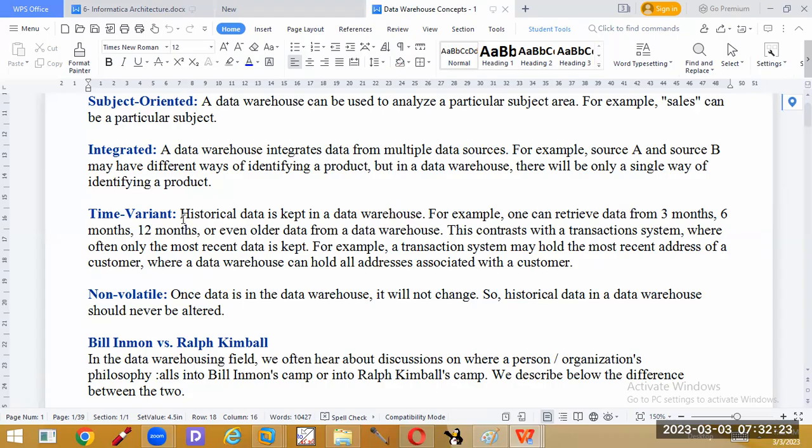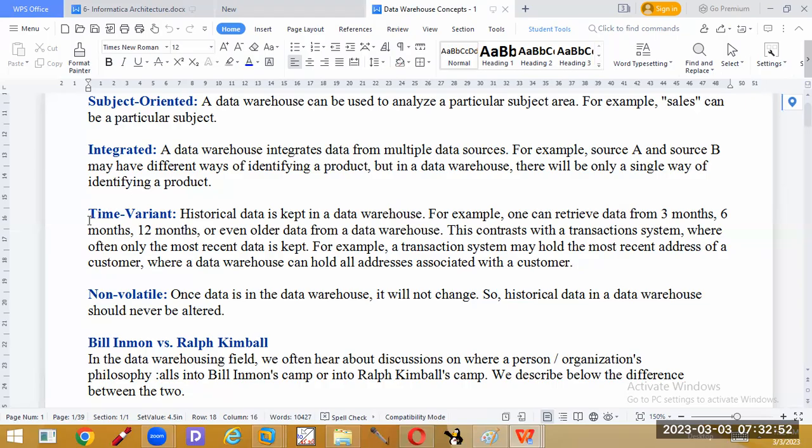Our data warehouse stores all addresses. If we check which city and which country this person ordered from, we can visualize that data in the data warehouse. But while checking in our transactional processing, sorry, ERP or other system, only recent data will be found there, right?